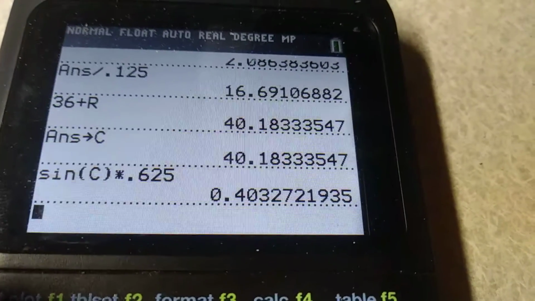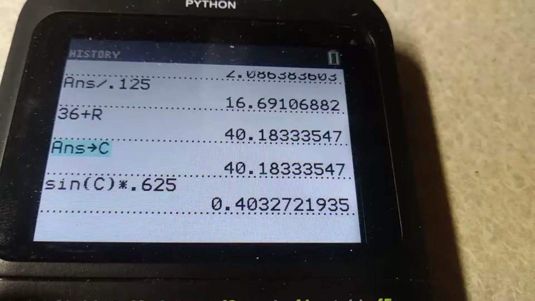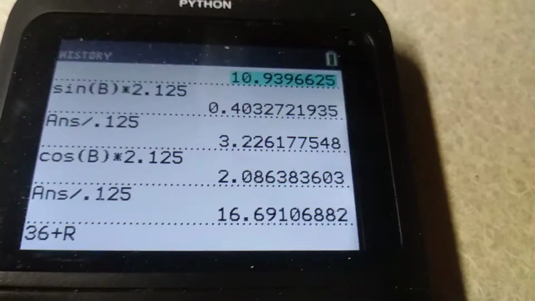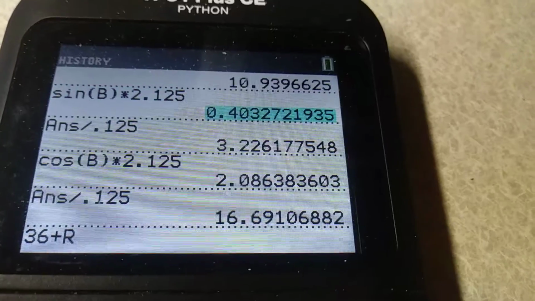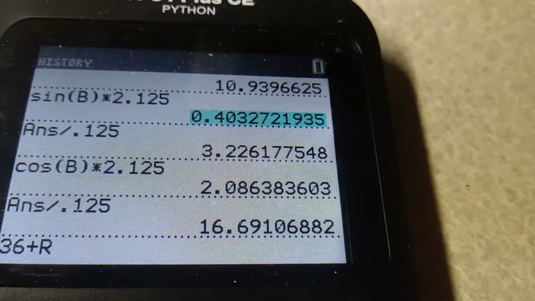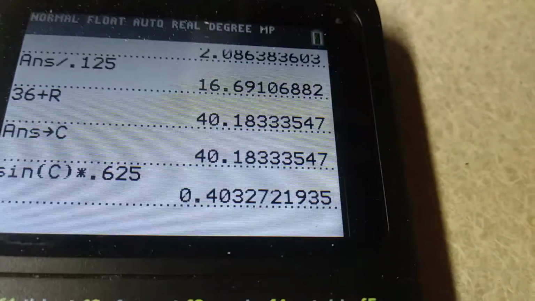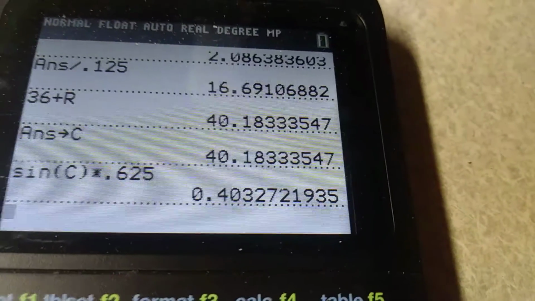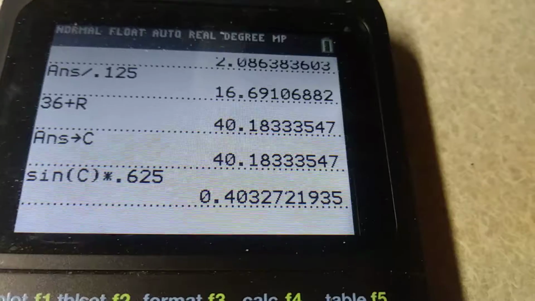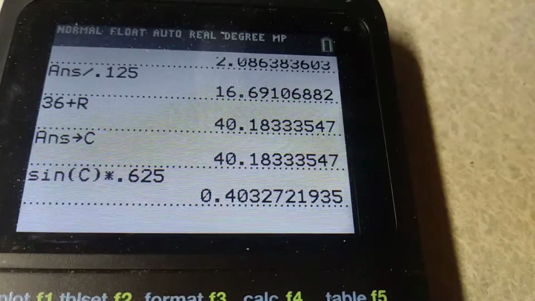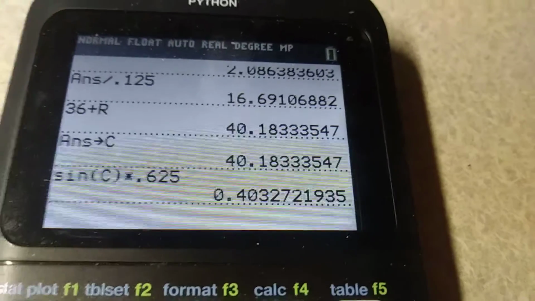That's our Y location. Let's go up and find it. There it is, right, I passed it, right there, 0.40327. It's the same number. So our distance in Y is the same, and we can make our cut in X.